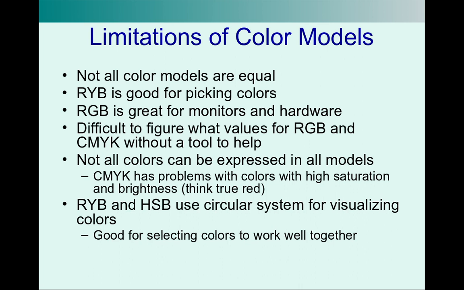For example, CMYK has problems with colors with high saturation and brightness. True red cannot be properly displayed in CMYK. RYB and HSB use circular systems for visualizing colors, that is good for selecting colors to work well together.